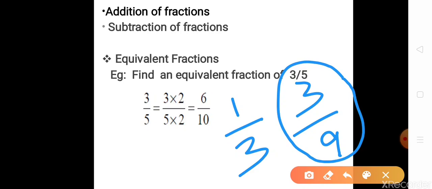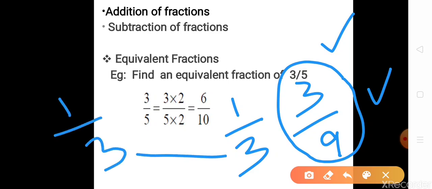Converting to lowest terms means if I divide both numerator and denominator by their common factor and reduce them to their lowest numbers possible, then 3 by 9 will get changed into 1 by 3, which is equivalent to the first fraction written, right?